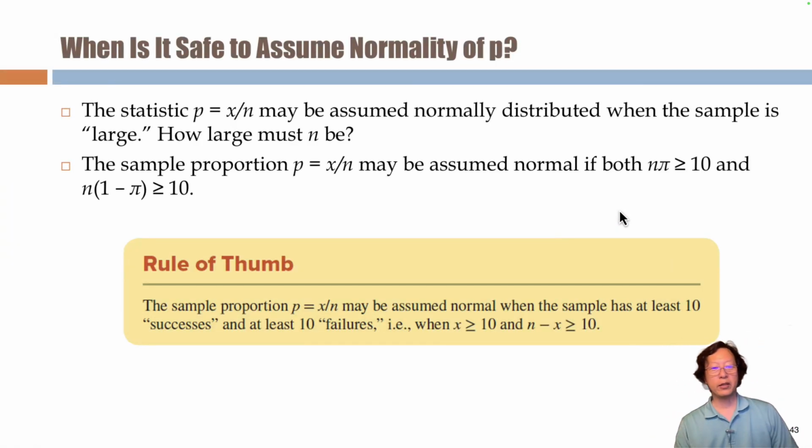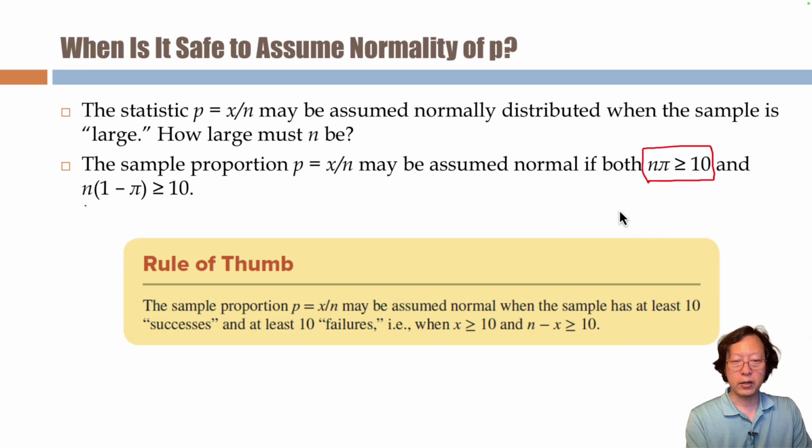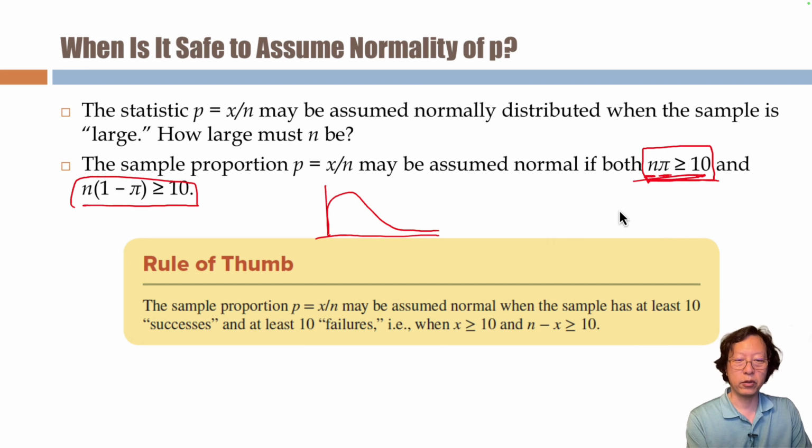So how can I find out whether it's badly skewed or not? You will check the two sides. This is greater than 10 and this is greater than 10. So either way, right? If it's very small, still the other number is greater. So n times pi is greater than 10, then we can say, okay, this is not that badly skewed.